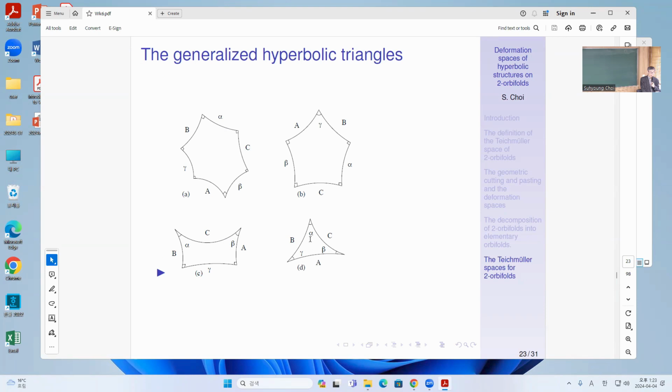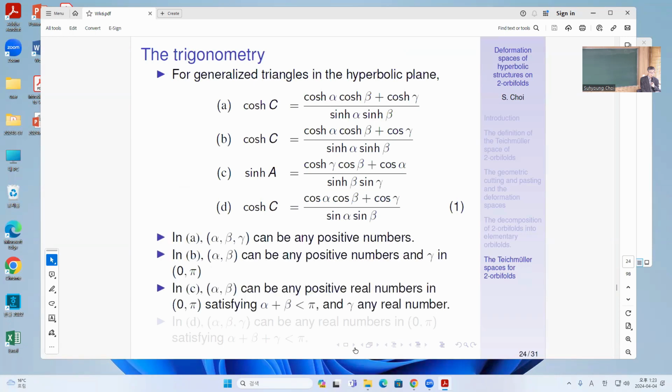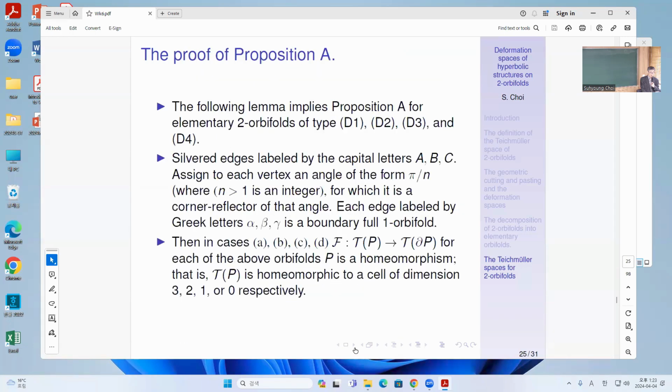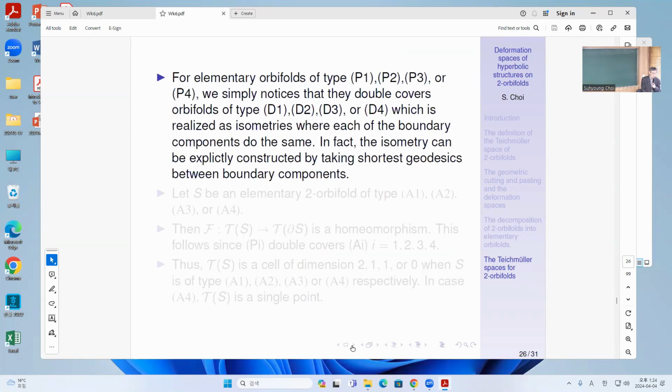So the boundary in this case is of course the empty set, so you have a one point case. Both of these you have to think of as one point in the case. So you can think of these as cells of 0 dimension. Okay, so that's the proof for D1, D2, D3, D4.